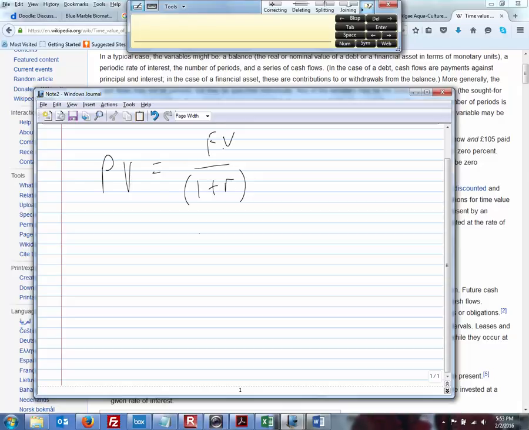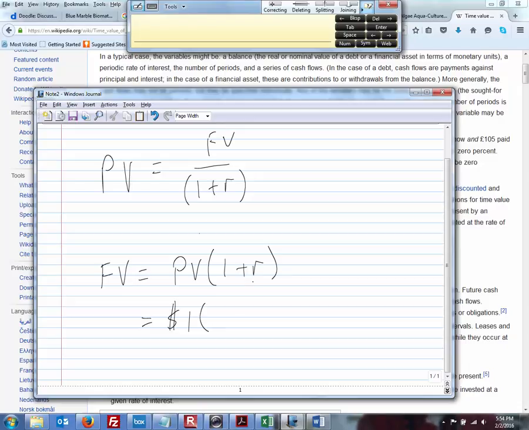Typically, it's easier to think of it the other way. So let's rewrite this as future value equals present value times 1 plus r. If I know the present value of $1 is $1, I will put that in as $1.